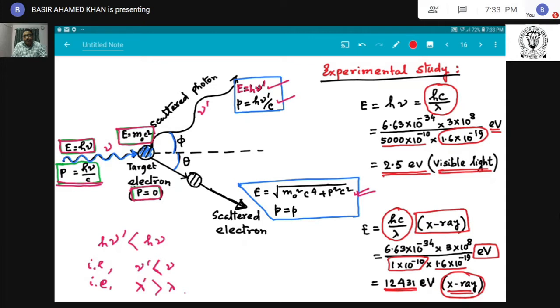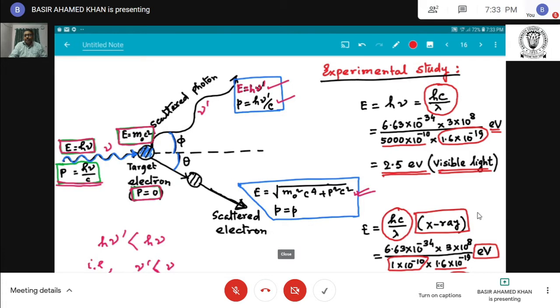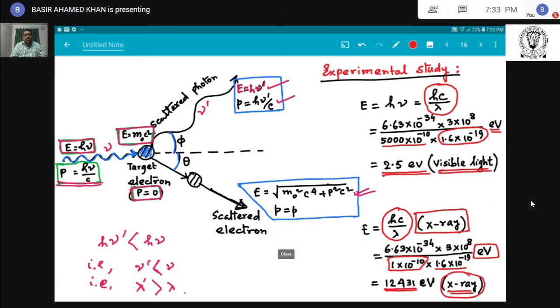That means in case of Compton effect, instead of photoelectric effect, the energy of X-ray photon or energy of incident photon is very much greater than visible light or say ultraviolet light.